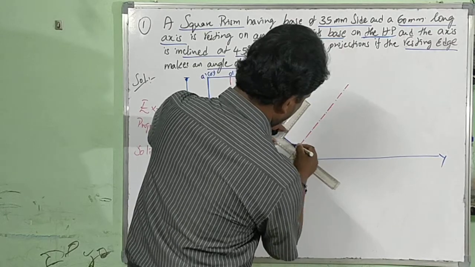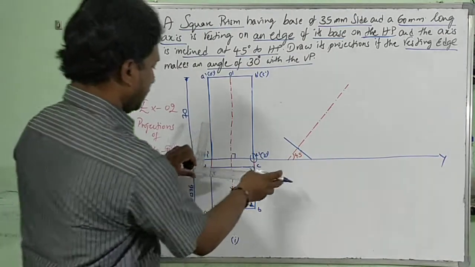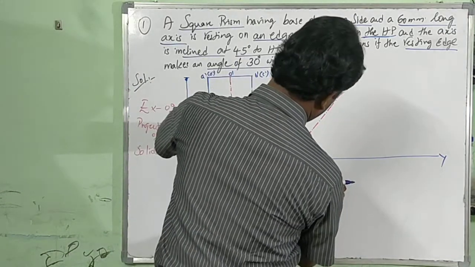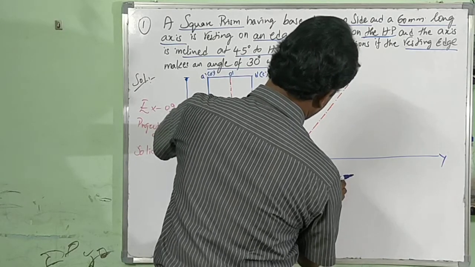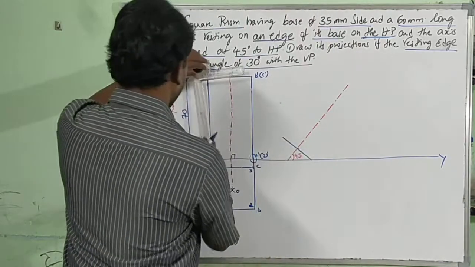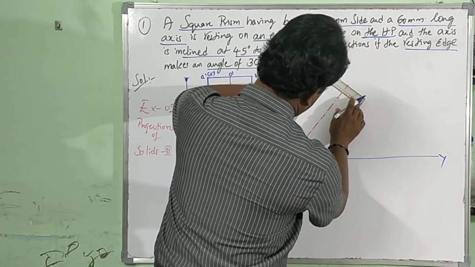Now total it will be like this. Total length, whatever the length you have drawn. With respect to this, you are supposed to draw 70 mm height.